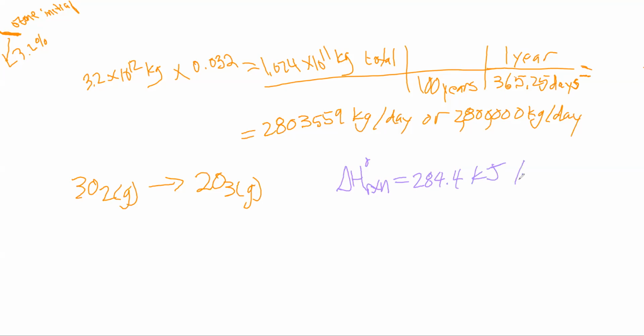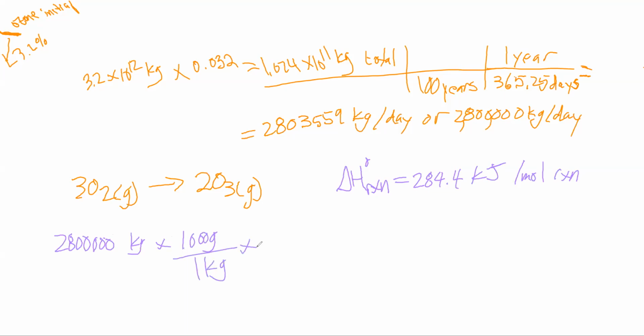Per mole of our reaction. So right now, if we want to figure out how much heat we require, we know that we have 2.8 million kilograms of this a day. We can turn that into our grams.